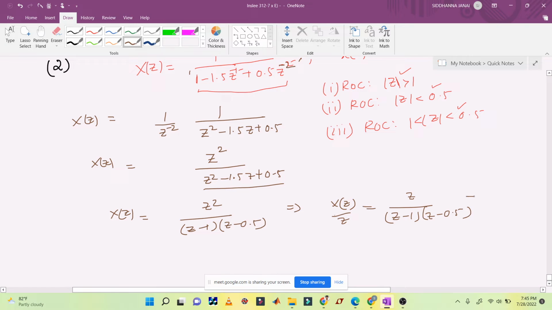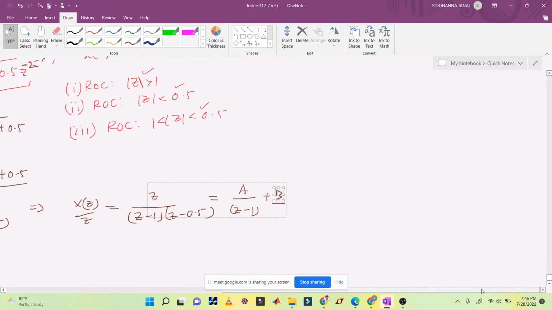Now you know that the partial fractions can be applied for this, plus b divided by, now partial fractions can be applied for this in this way.